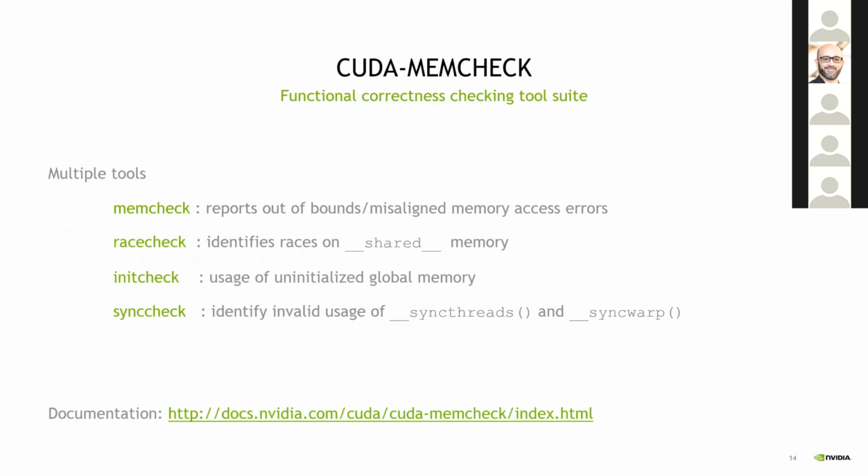Another tool you may use for checking or debugging your code is CUDA memcheck, which is composed of different functional parts. CUDA memcheck itself reports out-of-bounds and misaligned memory accesses. A tool called racecheck identifies races on shared memory, a third tool called initcheck checks the usage of uninitialized global memory, and synccheck identifies invalid usage of synchronization points for divergent warps.